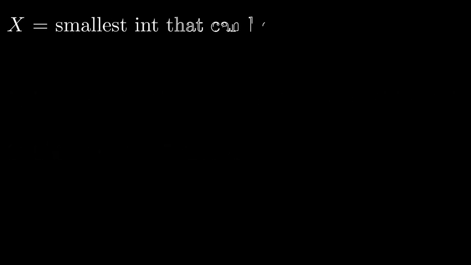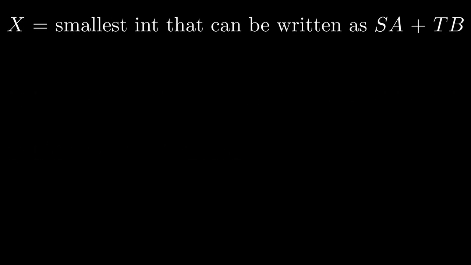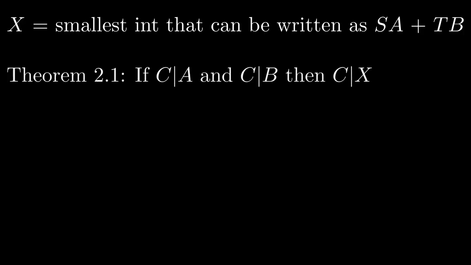First, we'll define x as the smallest possible integer that can be written as s times a plus t times b for some integers s and t. Next, we'll use our addition rule in Theorem 2.